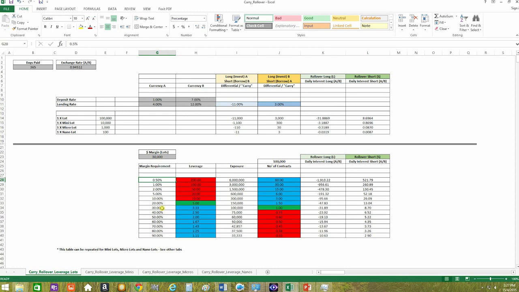And if you recall earlier, when we were looking at margin, leverage and exposure, we did make the statement that really gross exposure is anything that you decide that you want. So even if the leverage is available from the broker, you may decide that you want to be somewhere here.